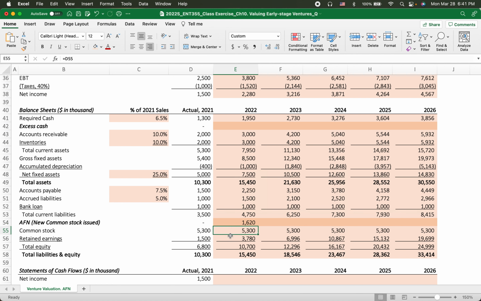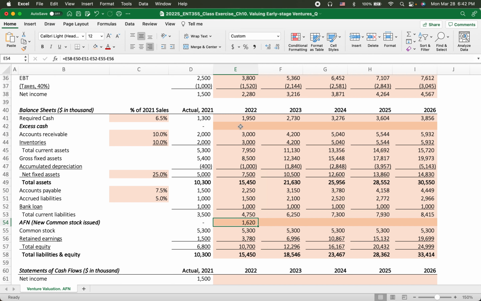So that we found 1620 is the additional financing needed. This additional financing needed is already melted into the accounts receivable or required cash or inventory somewhere here, right? And so that we match it.